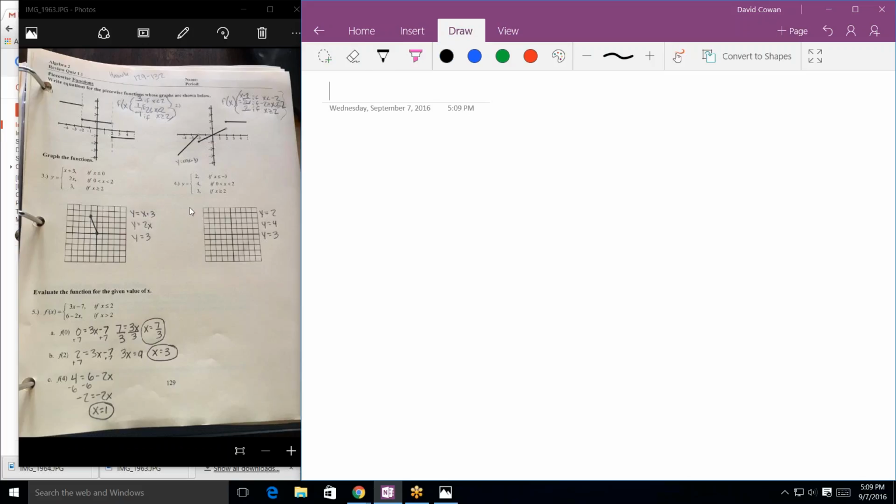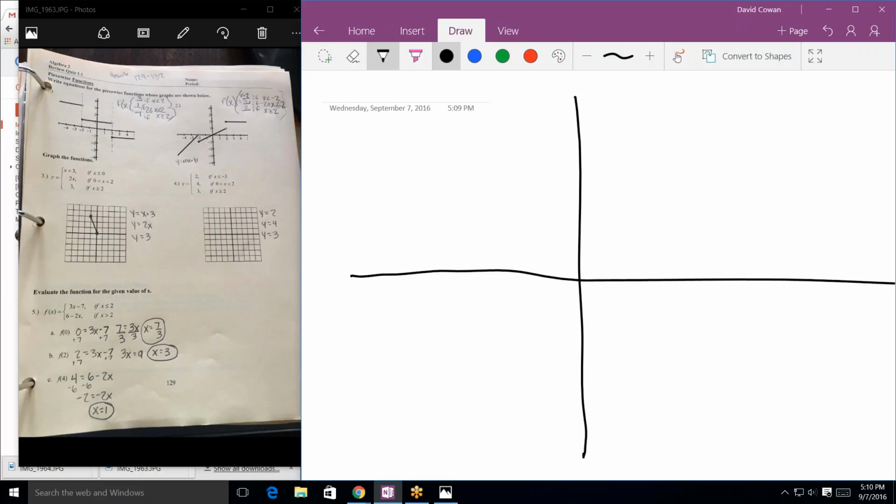Let's have a look at number 4. What's the first key point I need to look at on number 4? Where do you start? You'd start with y equals 2, y equals 4, and then y equals 3. Always start in the upper right, because that's where your domain is.